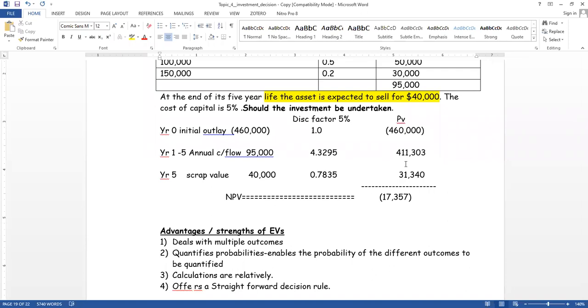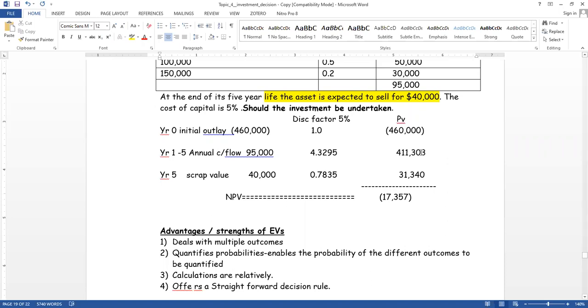So that means on this case, the project is not viable. But how can this one be a negative?